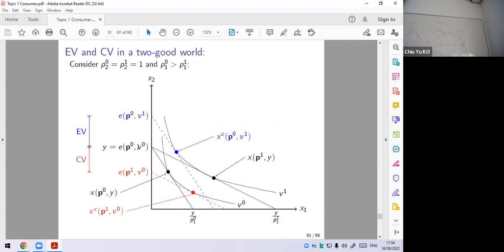Okay, and assume the price of good 1 is 1, good 2 is 1, P2 is 1. Okay, now, so this is the old utility here. Okay, old utility here. And at this point, at the price 1, you consume using the old utility, right?